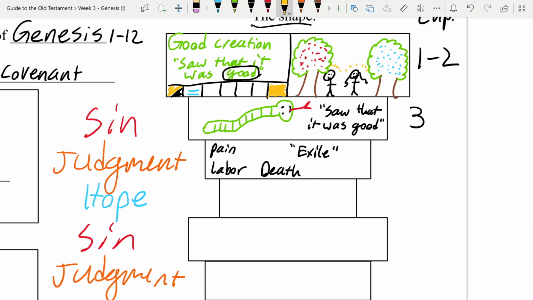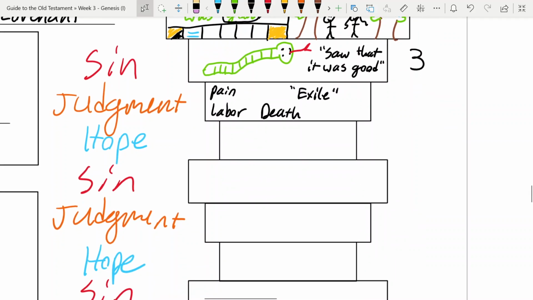But even in this moment of judgment, when we get to the curse on the serpent, we get a glimmer of hope already. Because we hear about one day an offspring of the woman, it says, who will crush the head of the serpent. So the serpent will strike his heel, but this offspring is going to crush him underfoot.